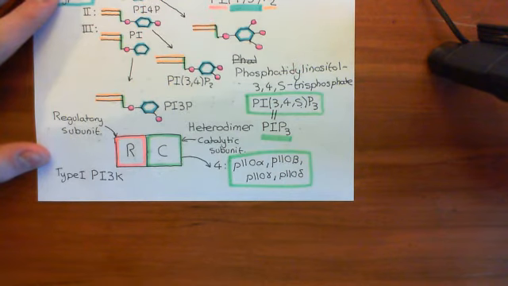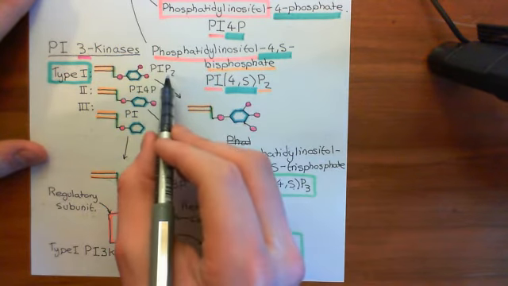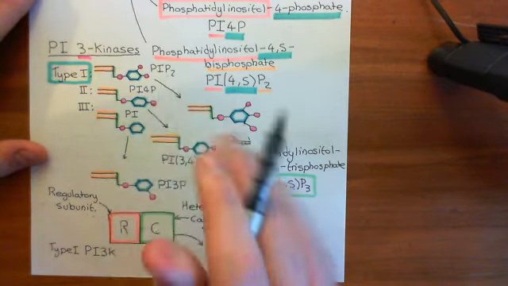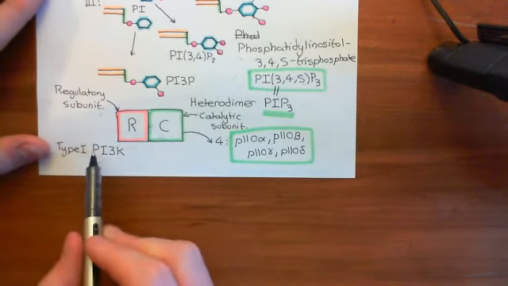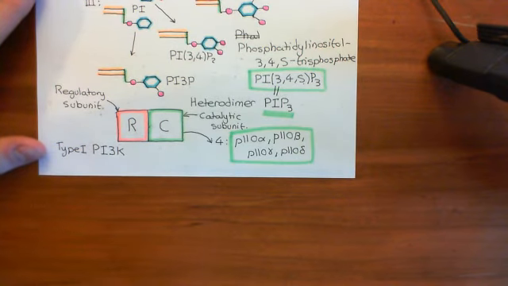So the most important PI3 kinase enzymes are the type 1s. Just as you could get away with abbreviating PI45P2 to PIP2, and everyone knew what you meant, usually if you just put PI3 kinase, people will assume you mean a type 1 PI3 kinase.